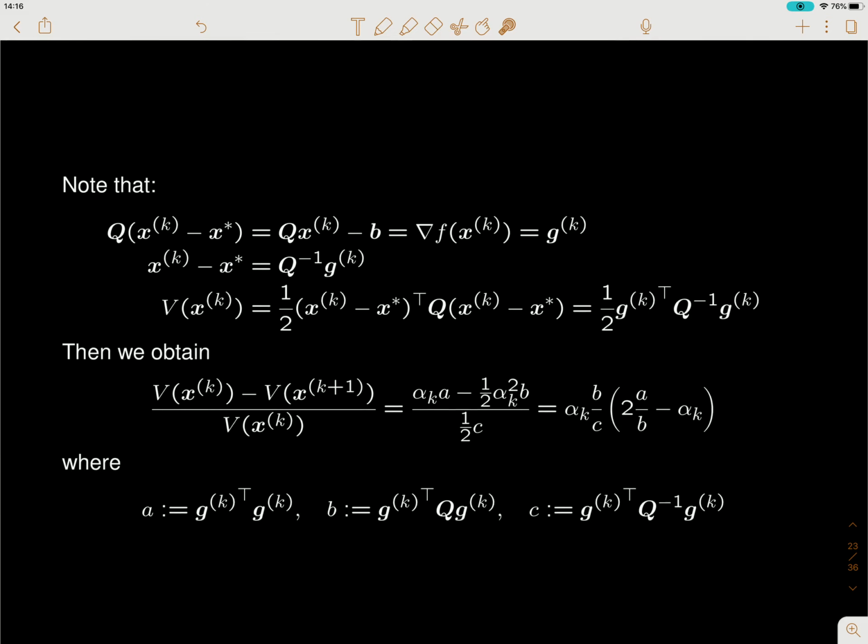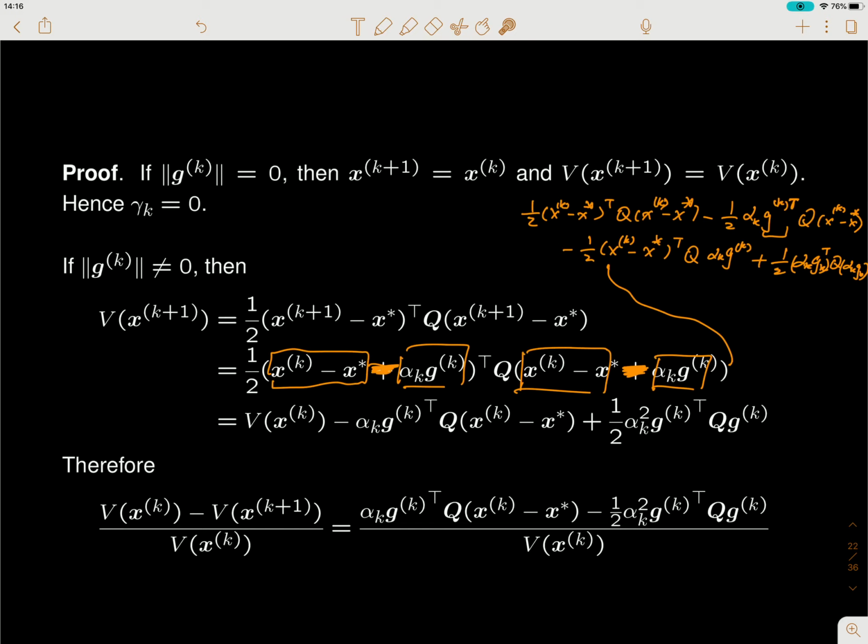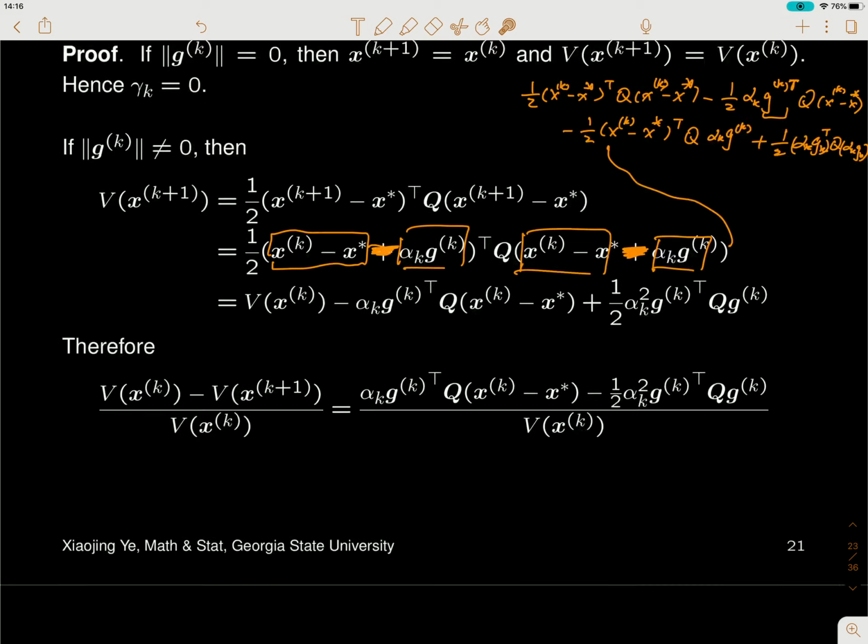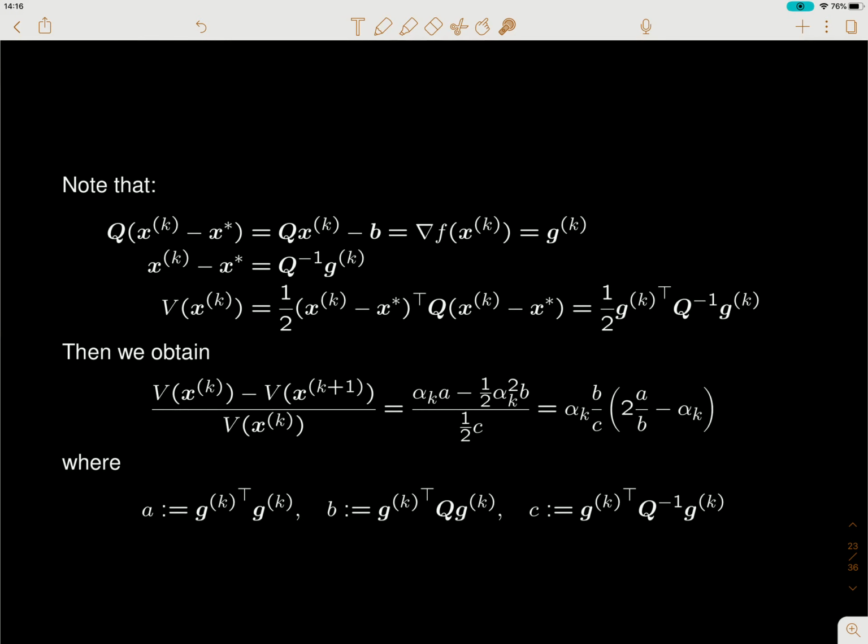Now let's take a look at how to simplify this ratio. It looks complicated, but it will be simplified to very simple numbers. First of all, we notice several things. When we look at Q(x_k minus x*), x_k is the kth iterate and x* is the minimum solution, the true solution. Remember that Qx* is equal to b.